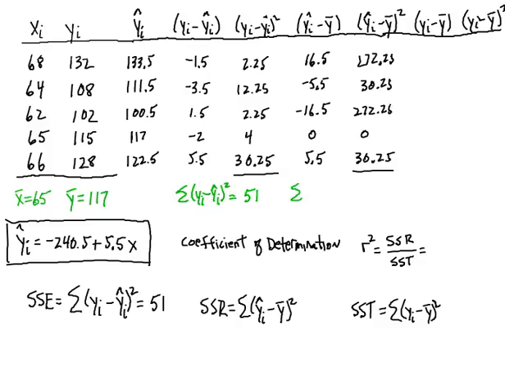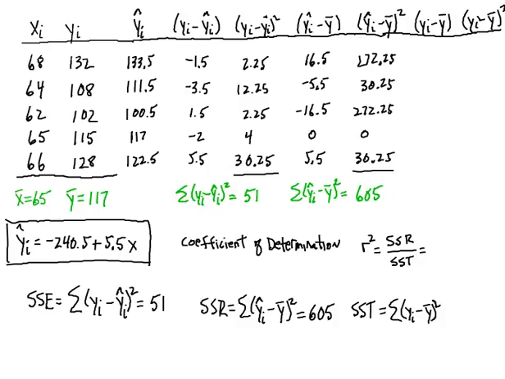So the sum of the estimated values minus the y average, squared, would be equal to a total of 605. So now I've basically calculated the SSR, and I got 605.